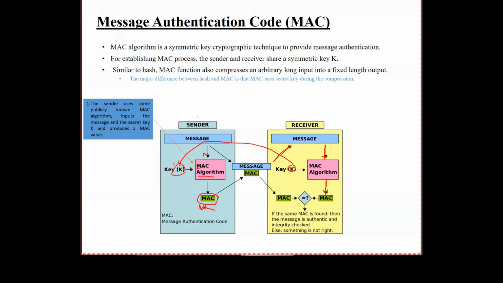Now, the MAC is compared with the value that comes with the message. This one came with the message, and this one is calculated now. Compare them together. If they are the same, then the message is authenticated and the integrity is checked. If they are different, then what?